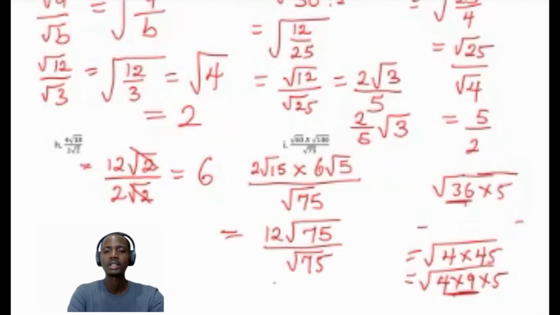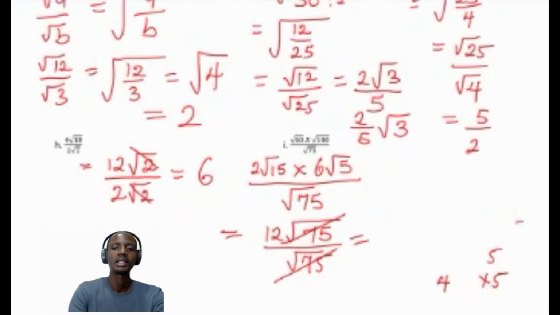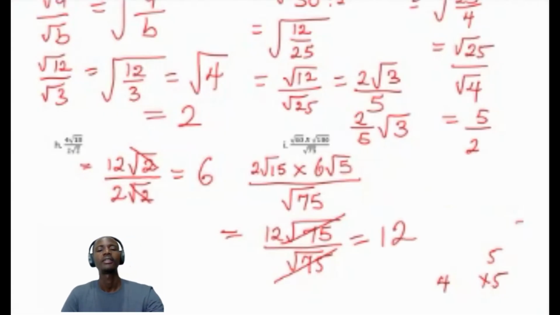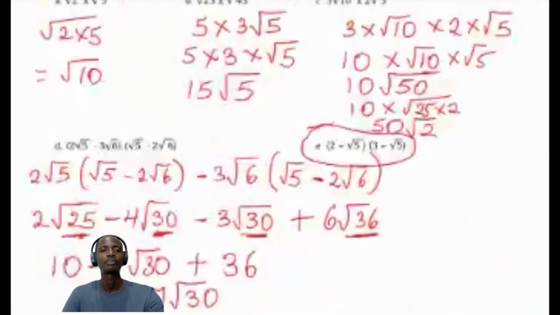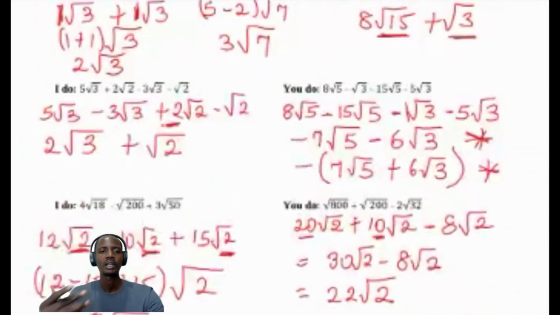So I can easily do 75 takes away 75, and I'm left with my final answer, which is 12.